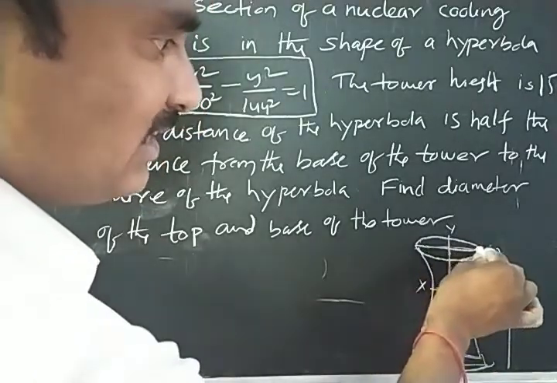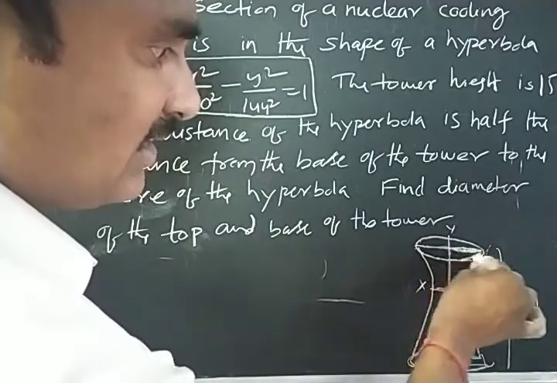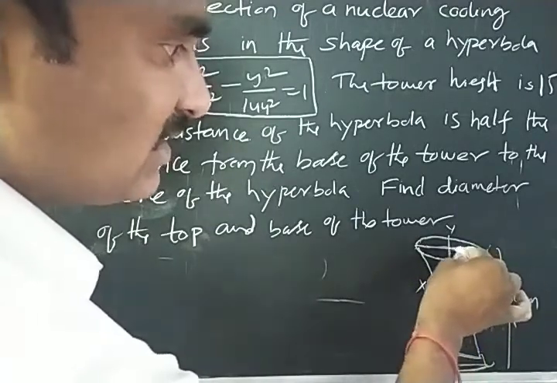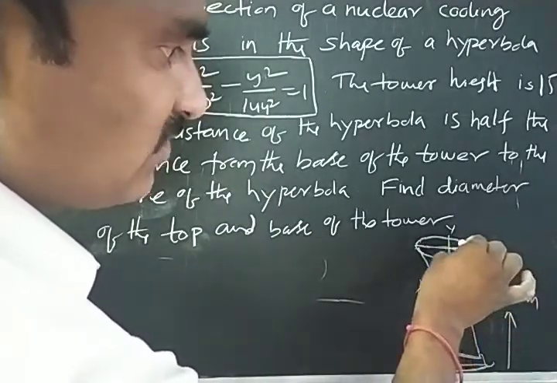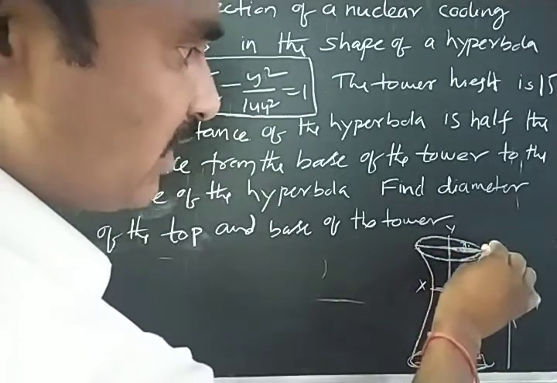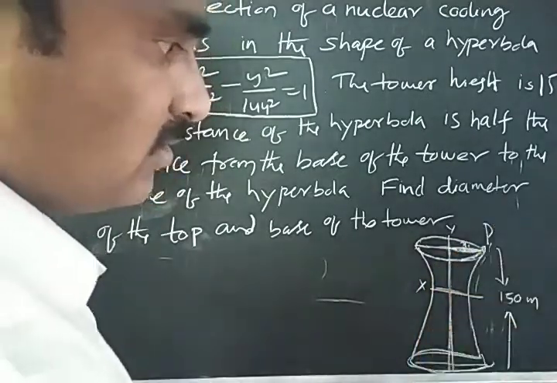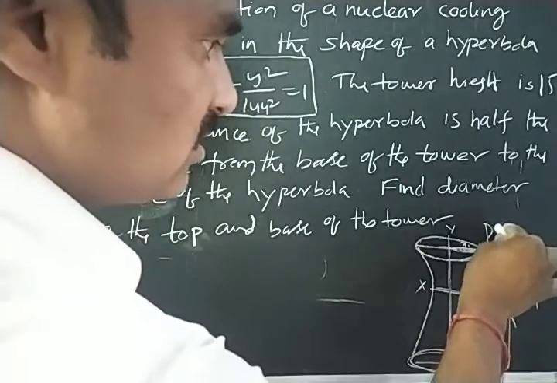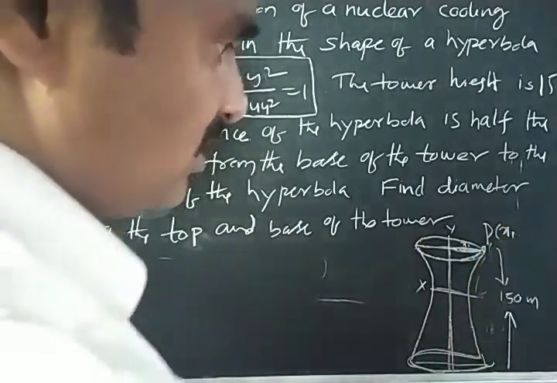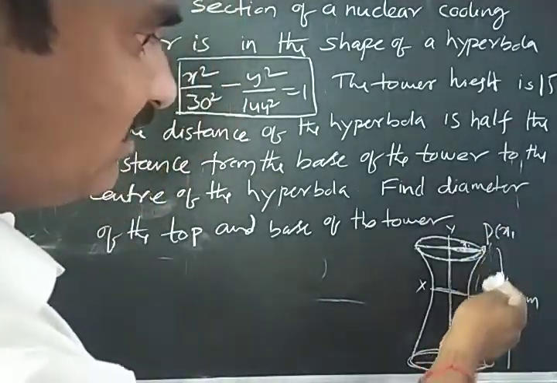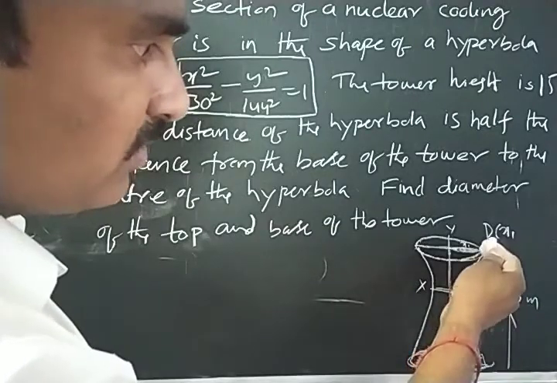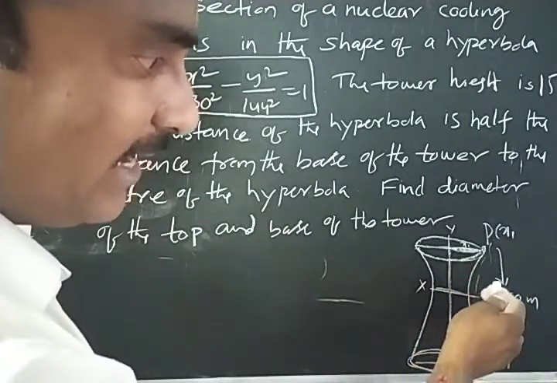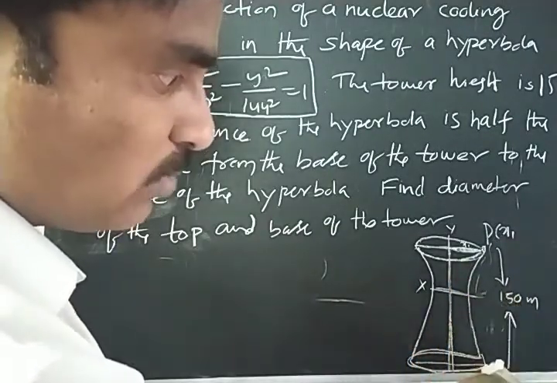Suppose this is the radius, along the x-axis. If I take this as some x1, what are the point coordinates? We don't know x1. And what is given? The height from the center to top is half the height from center to bottom.